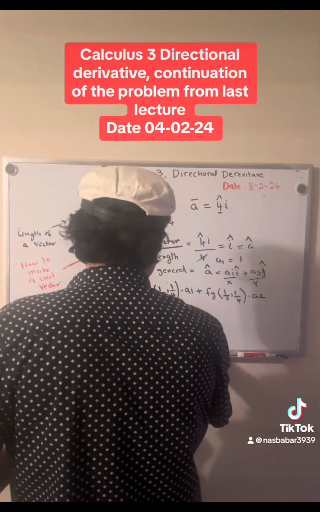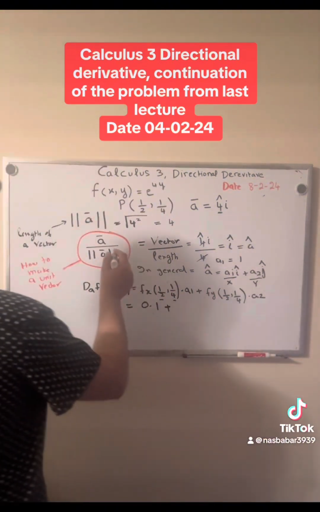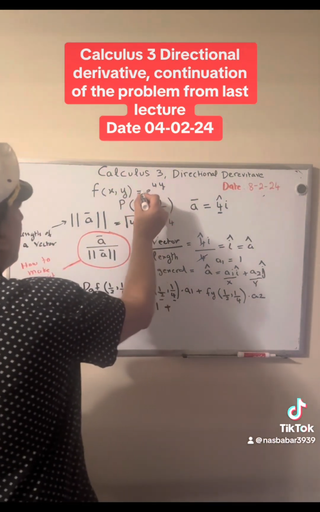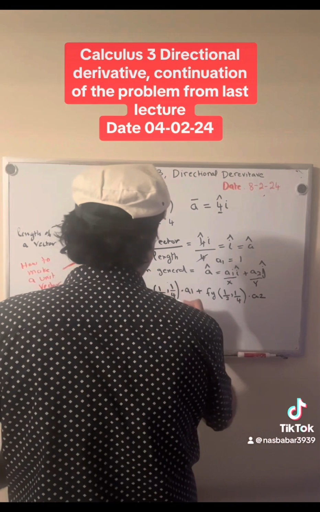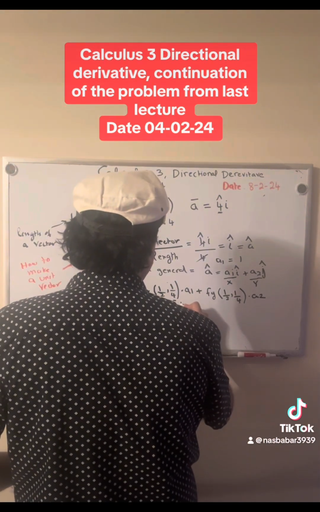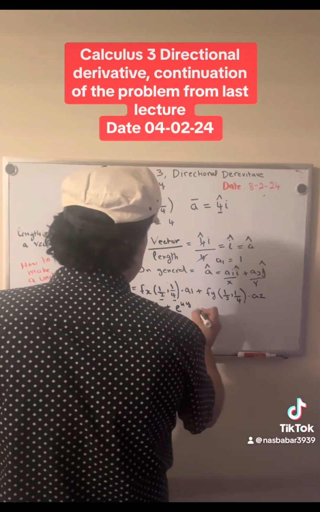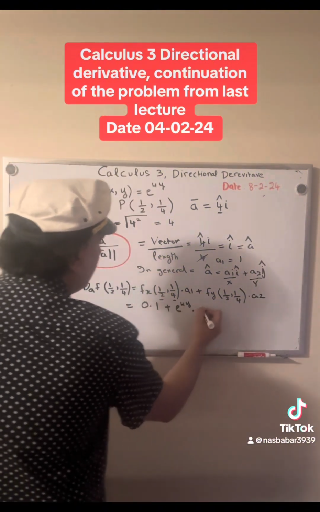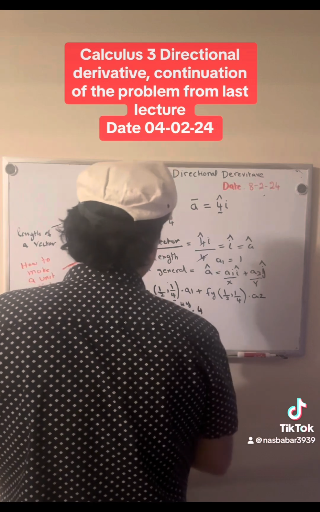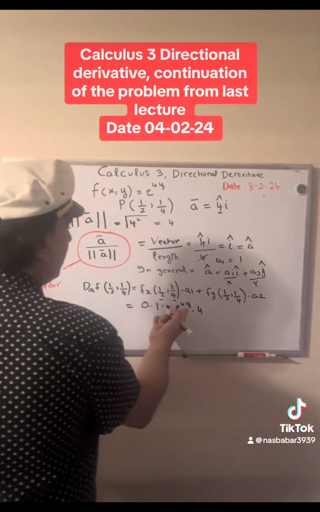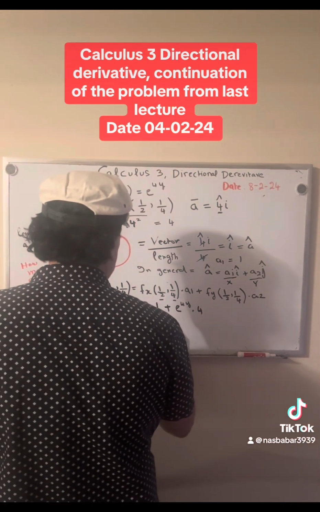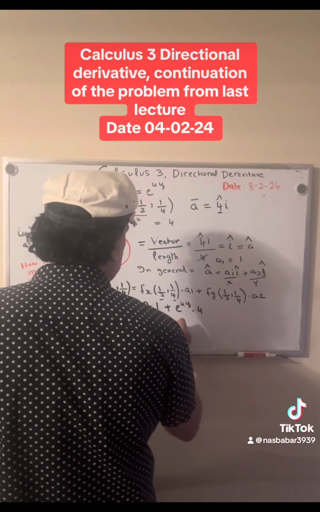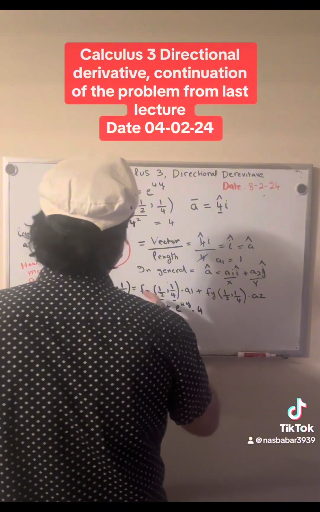Plus, what we do is that we take the derivative of this function with respect to y. So e raised to power 4y. So we write e^(4y), and then we multiply it with the derivative of what's inside, which is 4. Now plug in the value of y in here. 0 times 1 is 0, plus e raised to power 4. What is y?